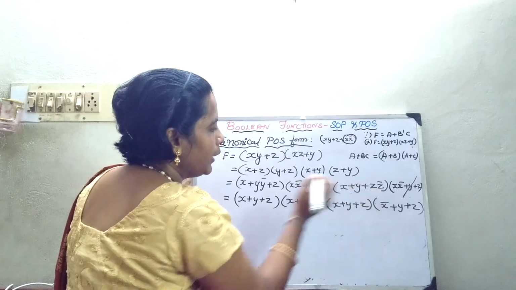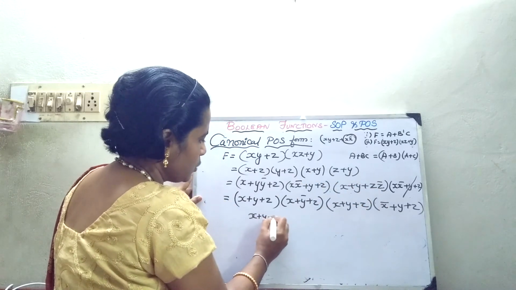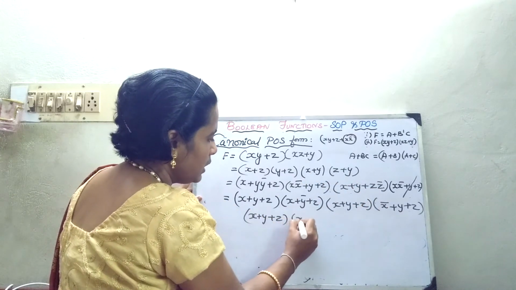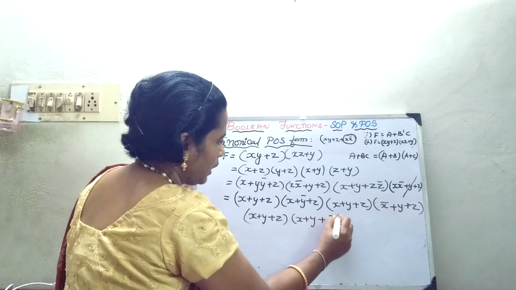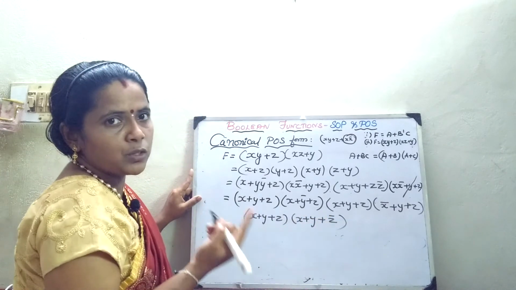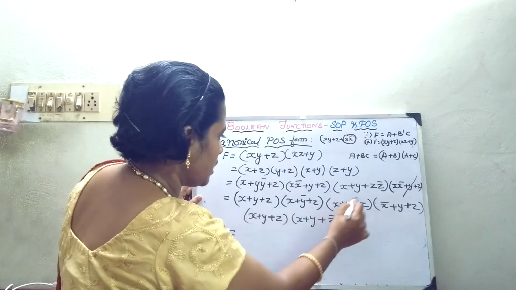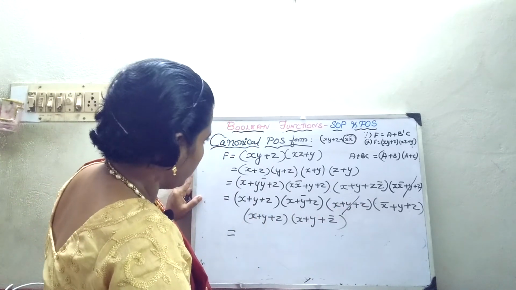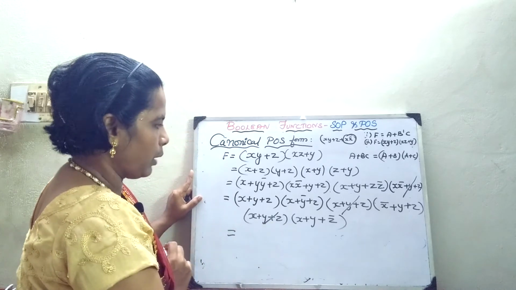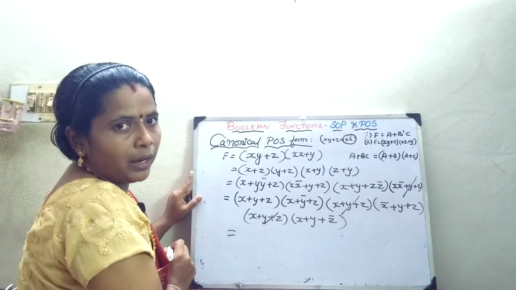Similarly for this you will get two terms, x plus y plus z, first multiplied by z, x plus y plus z bar. Now whatever the common terms, if they come twice, you can leave one. So x plus y plus z is there, and it is coming two times. So now you write your expression.